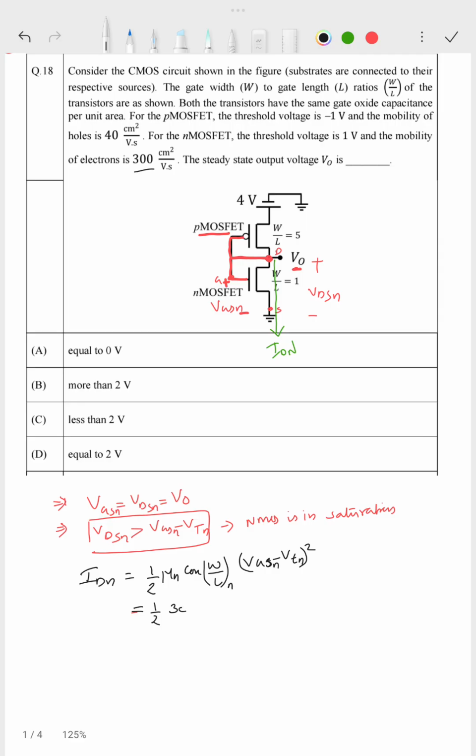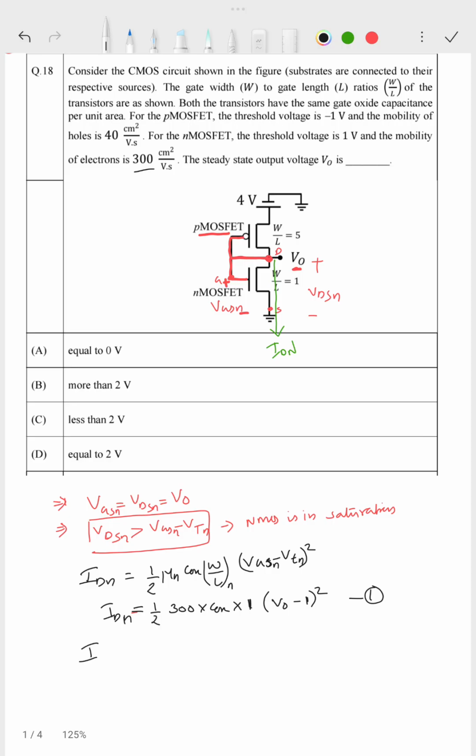So 300 into COX, which is not given, and W by L from the figure is 1. VGSN here is V0 itself and VTN is 1. So this is IDN. I will call it equation 1.